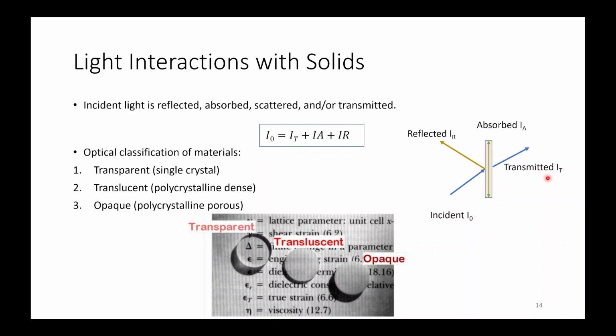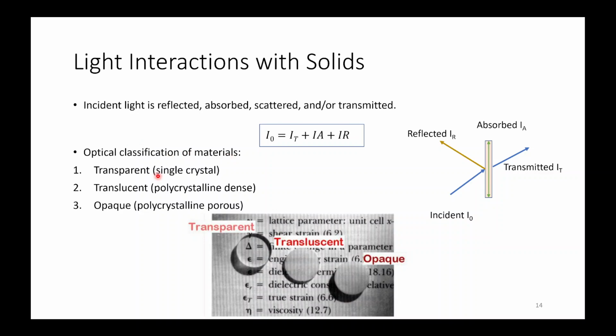It is I T. So these are the intensities of light. The incident light is made up of the transmitted, absorbed and reflected parts, all three combined.